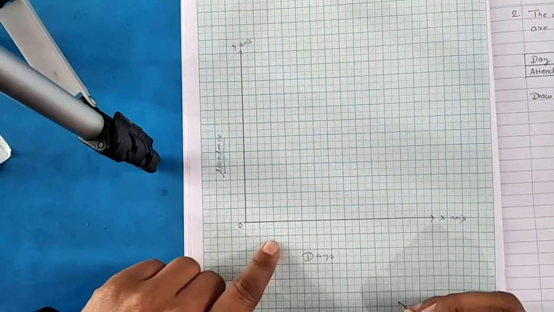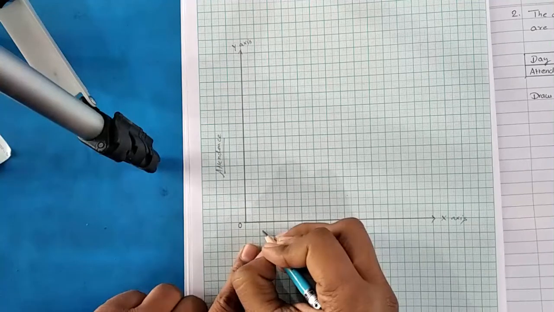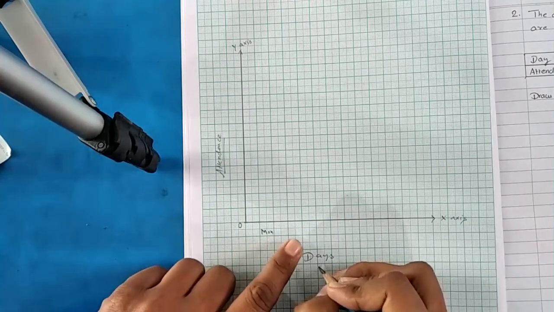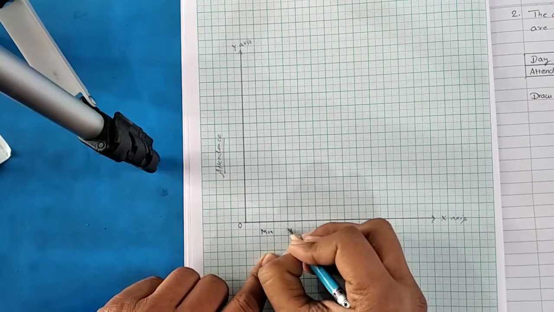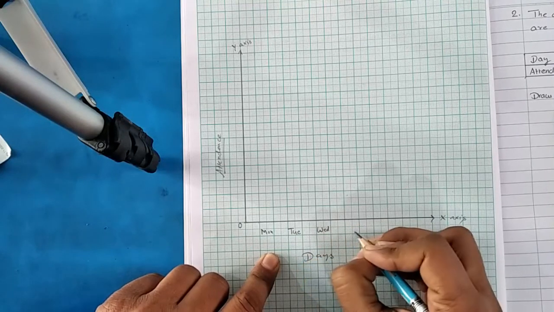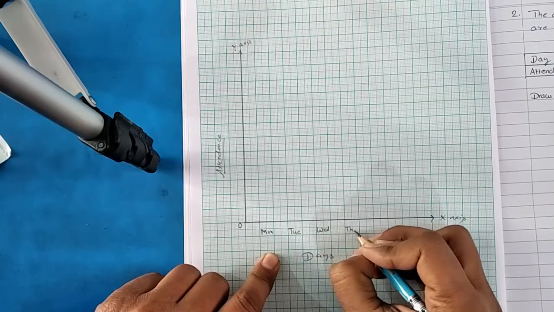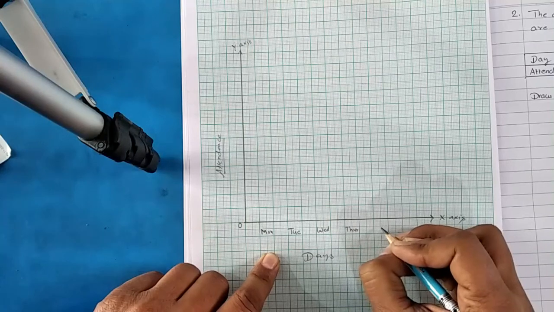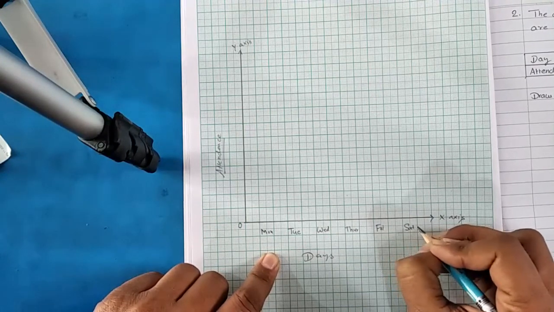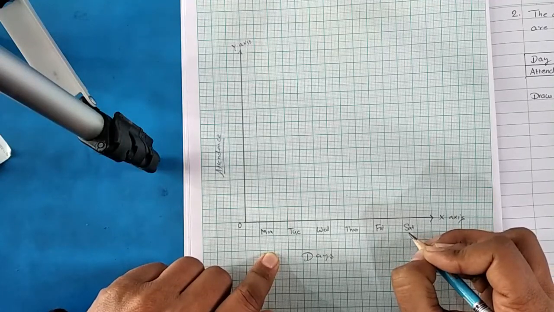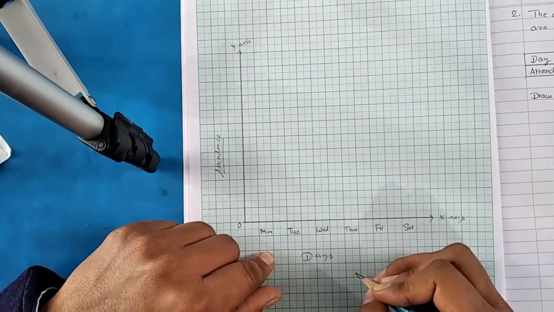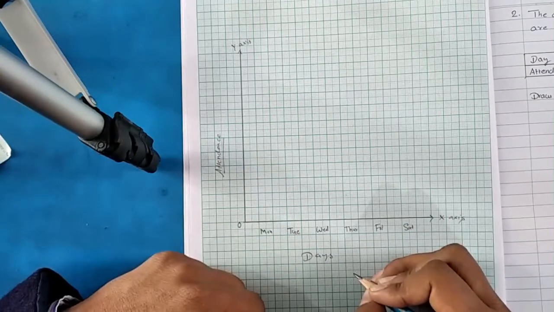So first day is Monday, so you will write Monday, and second day is Tuesday, and then Wednesday and Thursday, then Friday, and then Saturday. Got it? Now for the attendance, the minimum attendance is 36 and the maximum is 48.